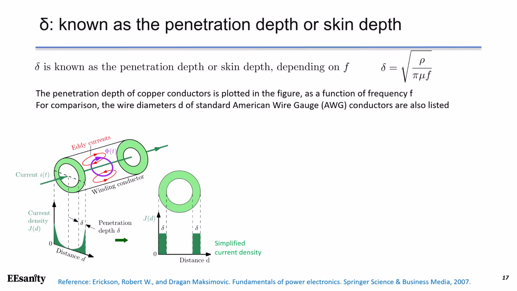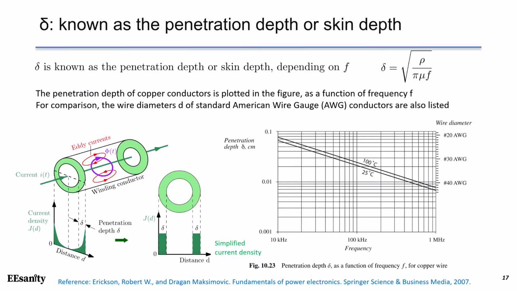The penetration depth of copper conductor is plotted in this figure as a function of frequency f, in a log-log graph. In this graph, there are two y-axes. The first y-axis on the left shows the penetration depth in centimeters. On the right-hand side, it shows the wire diameter d of standard American wire gauge, AWG. This graph gives you a basic idea about how much cross-section you can actually use at a certain frequency.